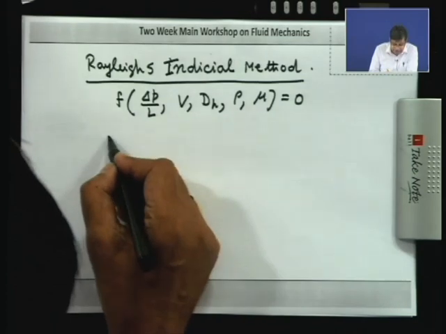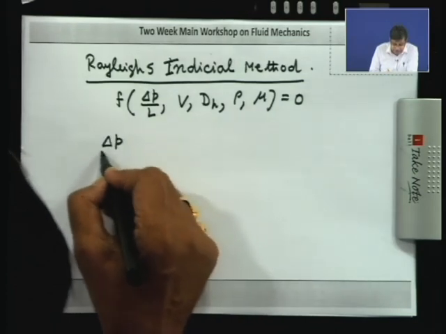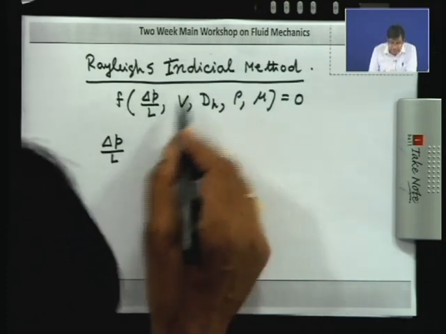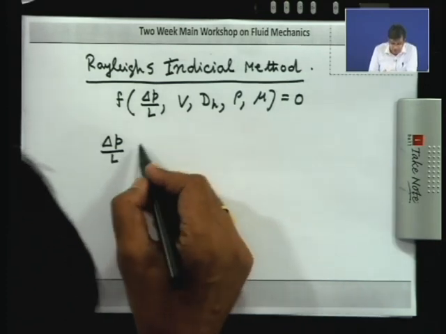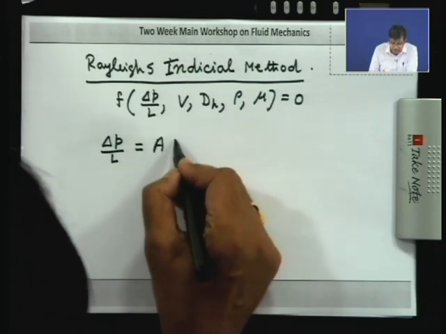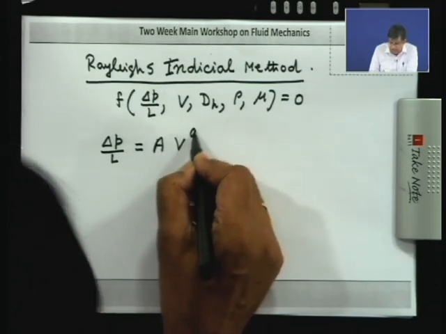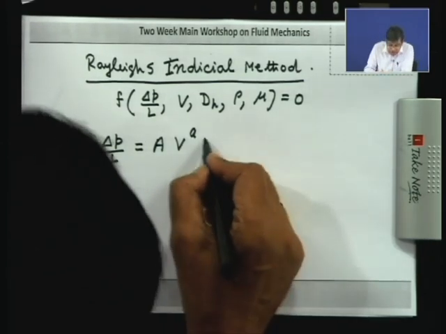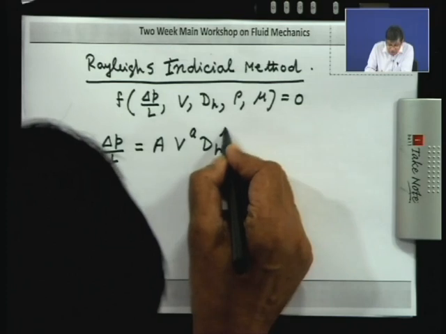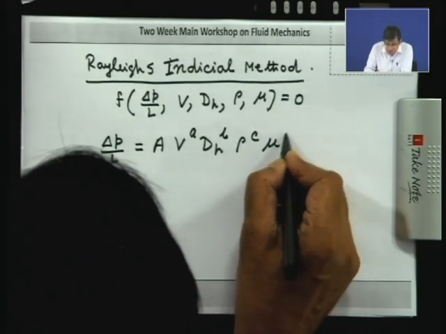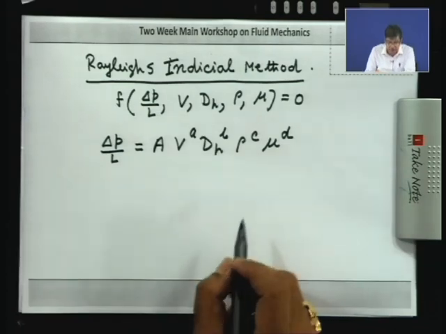But in Rayleigh's method, we express the output parameter in this way: some constant A into v to the power a, dH to the power b, rho to the power c, and mu to the power d, with unknown exponents.